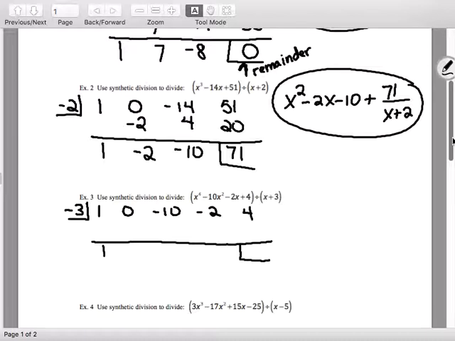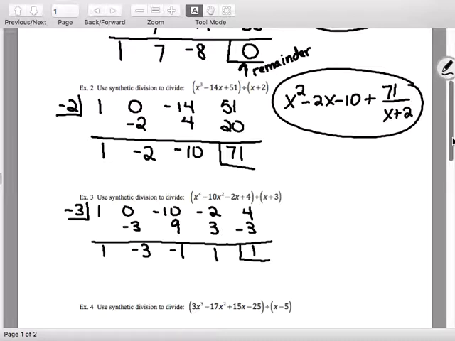All right, so you bring down the first number. Nothing happens to it. You just bring it down. Then I multiply. -3 times 1 is -3. Add the column. -3 times -3 is 9. Add the column. -3 times -1 is +3. Add the column. Negative 3 times 1 is negative 3, add the column.